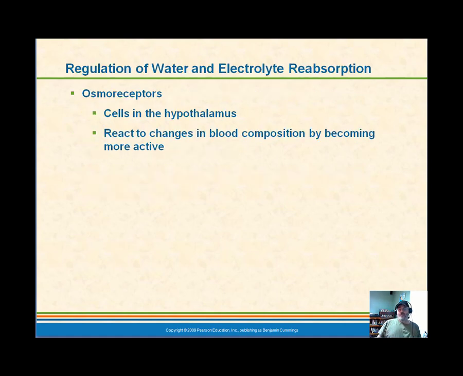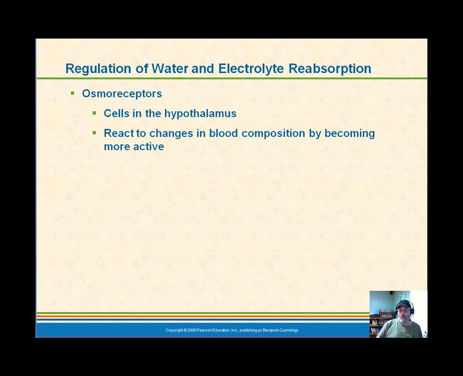Now, how do we do this? Well, we've got something called osmoreceptors. These are cells in the hypothalamus, and they react to variations in blood composition. They measure just how dense the blood is. They measure the fluid electrolyte balance.